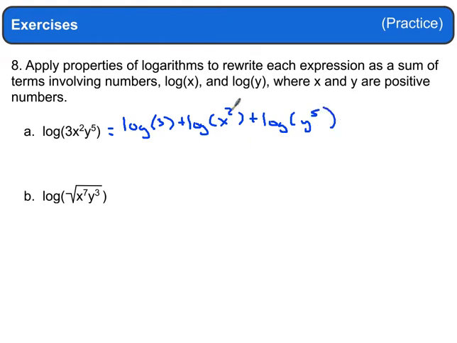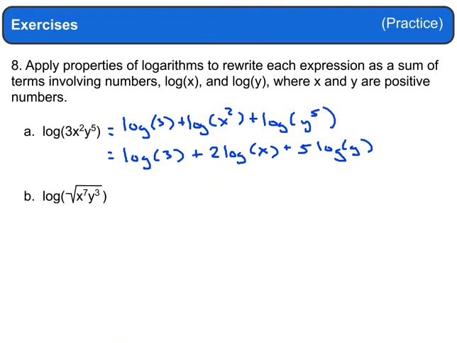And so we're almost there. We want to take these 2 and this 5 and move them out front. So our final answer becomes log 3, we move the 2 out front, so plus 2 log x, and then plus 5 log y. That would be an expanded version.